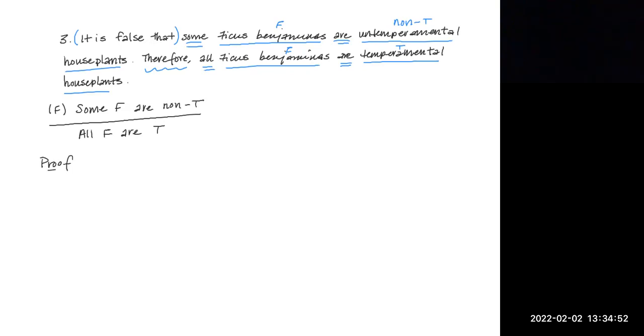So if we start our proof, the first statement ends up being a restatement of the premise. I'm going to put given. You could also put assumed true.